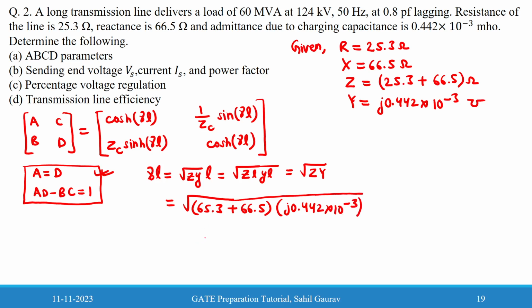On solving this, you will get γL as 0.0327 plus j0.174.